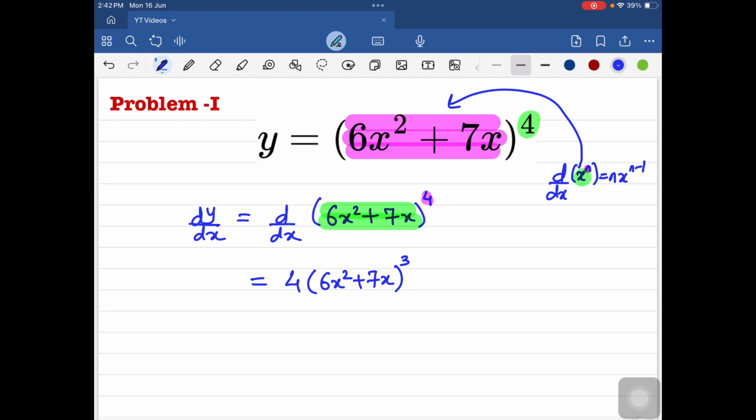But in the problem it is not x, it is 6x squared plus 7x. The standard form is disturbed. So we will take d/dx of 6x squared plus 7x. It means that whatever is inside the function, I take the derivative of that function.